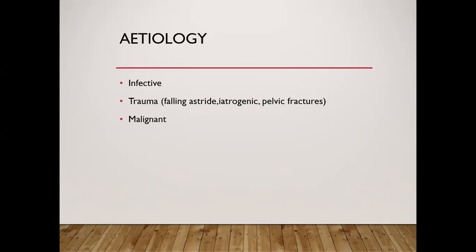So urethral catheterization, cystoscopies, basically instrumentation of the urethra can cause some bit of trauma. Of course, TURP, endoscopic prostatectomy, can also cause this trauma. The other causes are malignancies, which can also cause narrowing in the urethra.